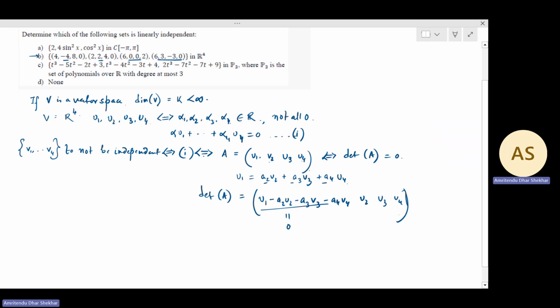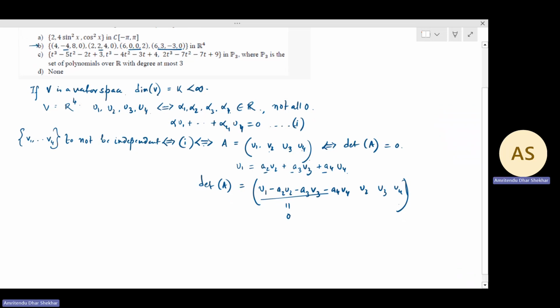Conversely, if the determinant vanishes, then determinant of A equal to 0 implies that A is singular, which means that the rank of A is less than 4.